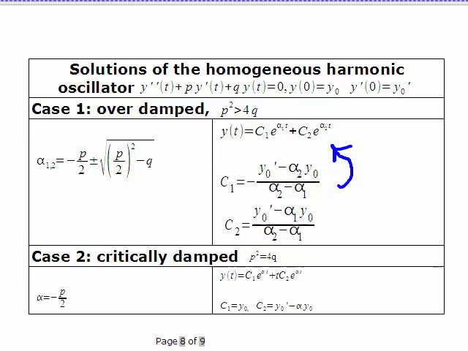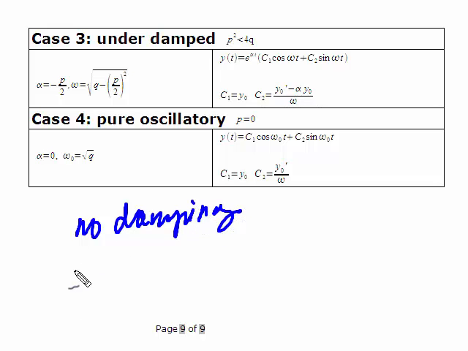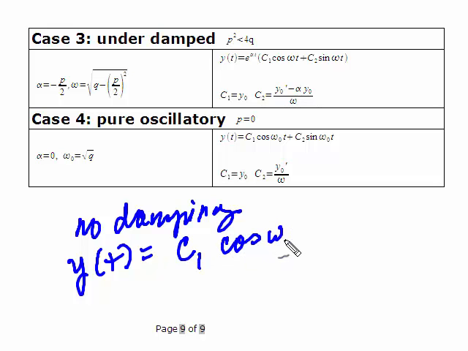I want to point something out here. Look at the case of the undamped, or purely oscillatory, harmonic oscillator. There is no damping, and the solutions are just combinations of sines and cosines. The zero on omega naught is used to contrast it with the frequency here when there is damping.